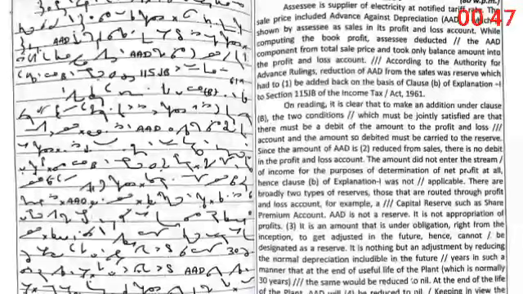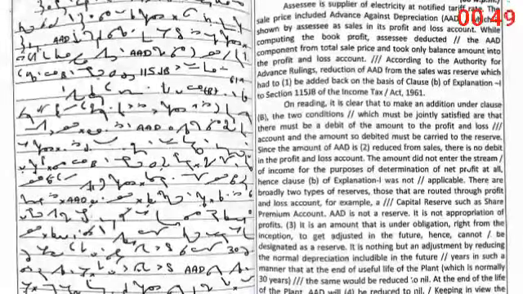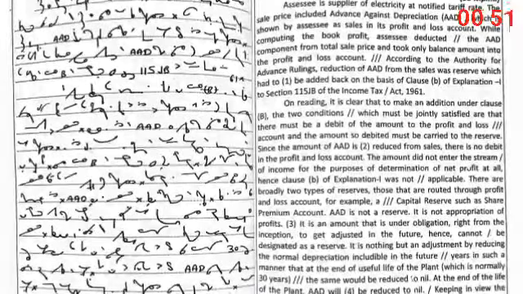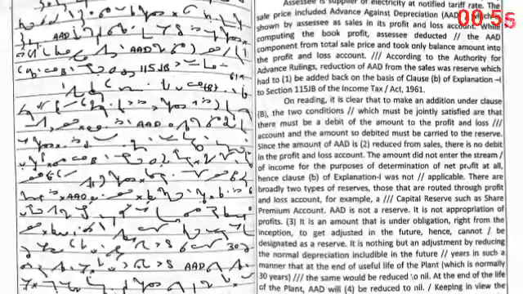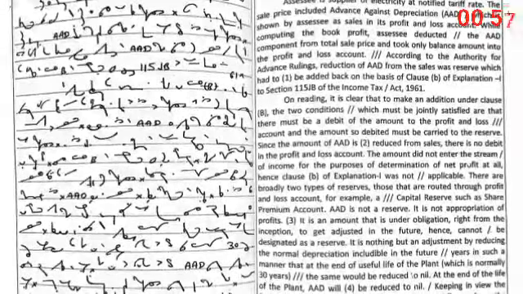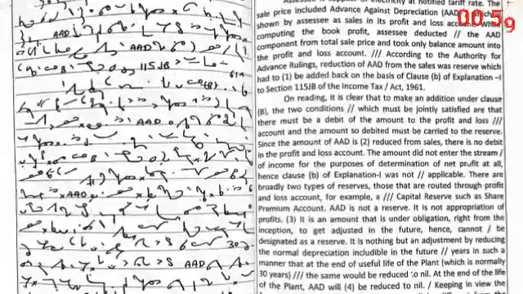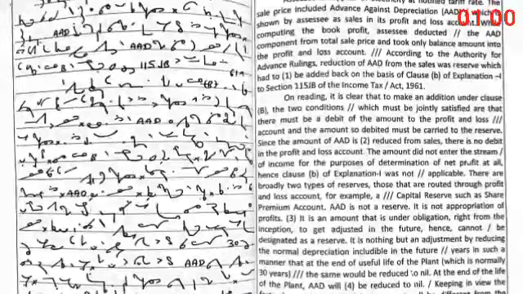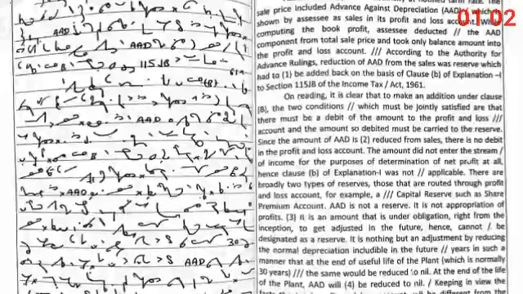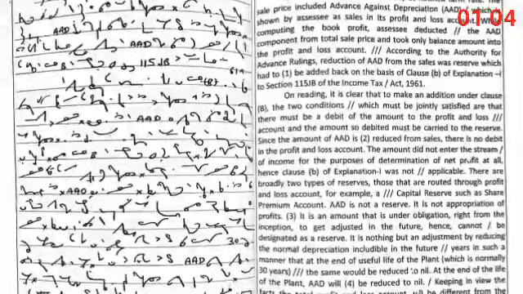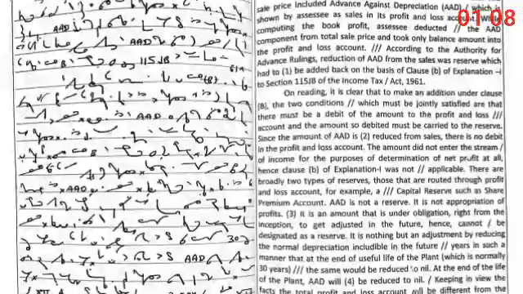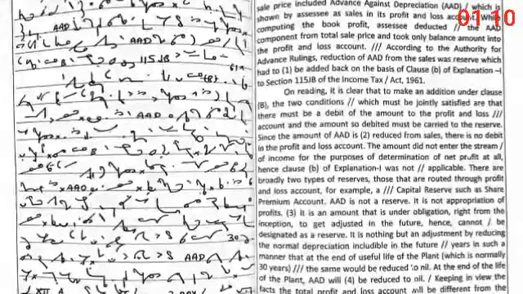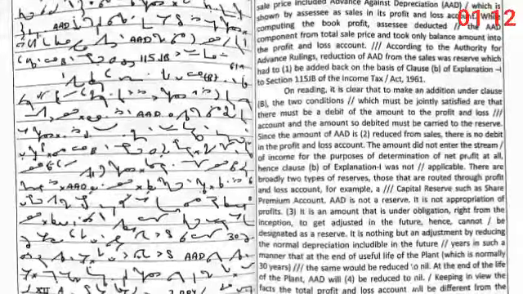According to the Authority for Advance Rulings, the reduction of AAD from the sales was a reserve which had to be added back on the basis of clause B of Explanation 1 to Section 115JB of the Income Tax Act, 1961.